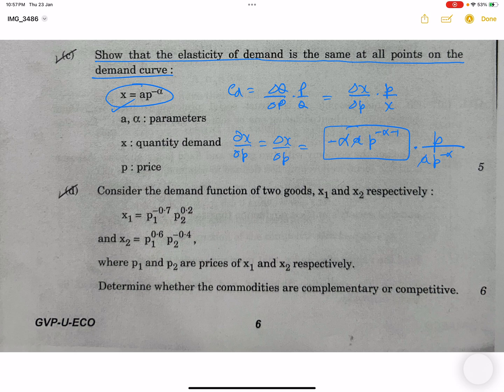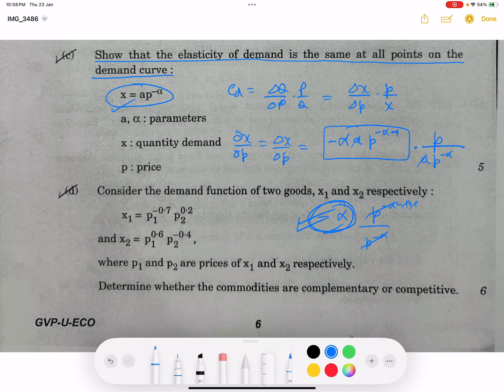Now P to the power minus alpha minus 1 into P, so this would become P to the power minus alpha minus 1 plus 1. So this cancels out with the denominator, and we are left with a constant. So irrespective of what value P and X take, elasticity is minus alpha throughout.